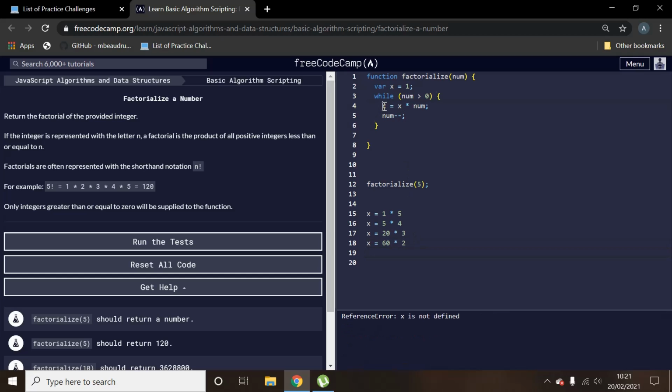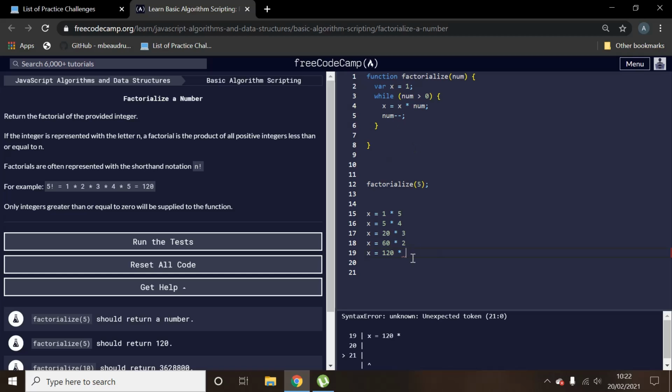Again we have to do this part again, and then this one, then this one, until num is no longer greater than 0. So now x is equal to 60 times 2, 120, multiply by num minus minus.